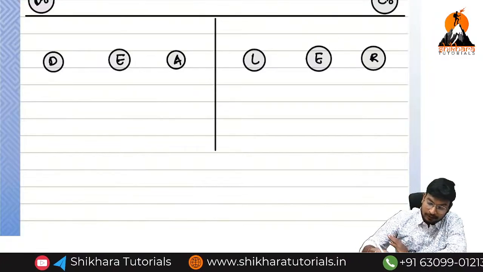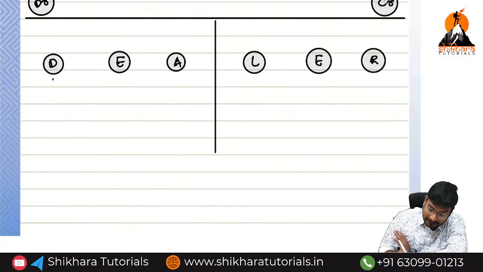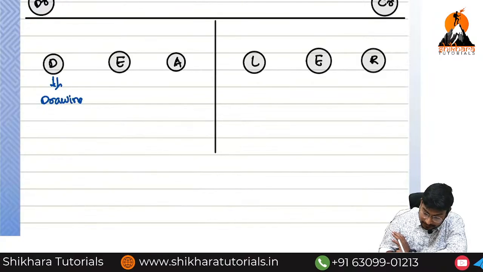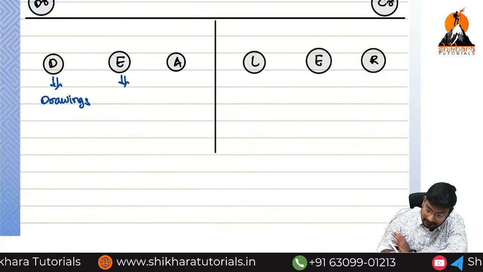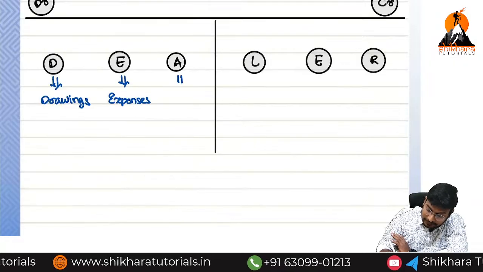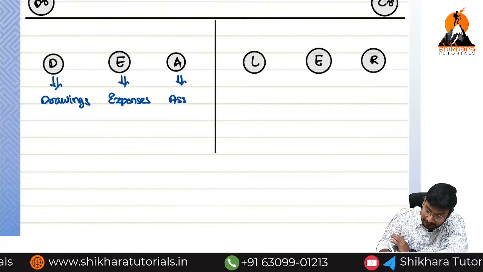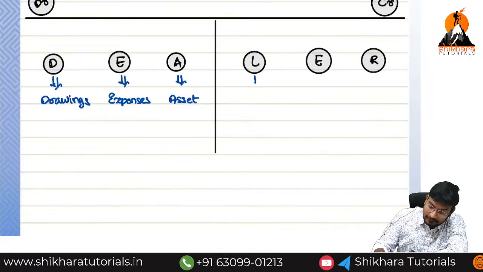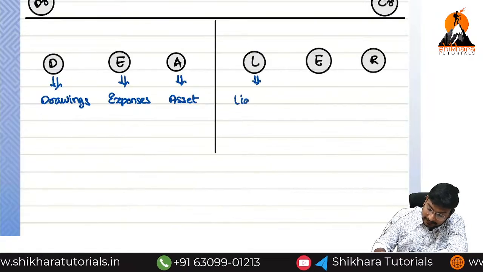Here I am going to say D for drawings. E for expenses. A for asset. A for apple, asset. L for liabilities.